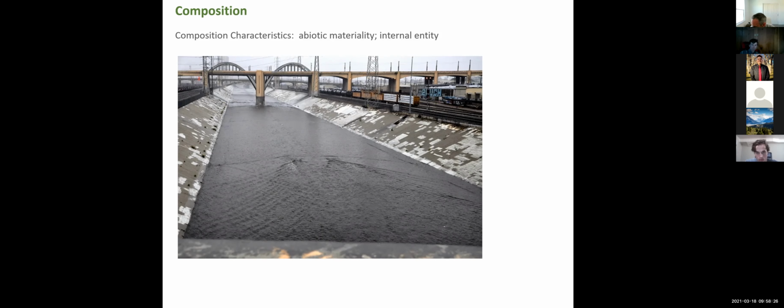I will say that there are some advocacy groups that have been promoting trying to create more naturalized edges for the LA River waterway and channel, and they have had a couple of projects where they've done some plantings. It's very sporadic, so it's not really doing much yet, but they're moving towards a goal of having the entire thing have a more naturalized and vegetated edge to it instead of having this hardened concrete channel.